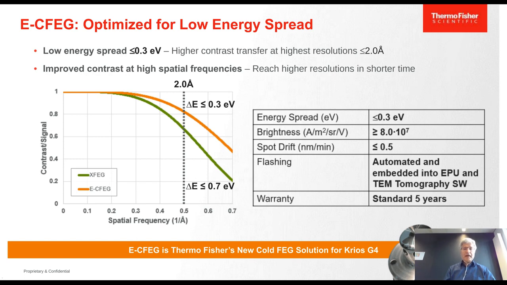And that, of course, translates into higher resolution capabilities, and Abhay and Stephen will talk about that in their presentation parts. And also, because of the better contrast behavior, you can reach higher resolutions in a shorter possible time. With respect to the other specifications, like the brightness, they are similar to the XFAC specifications. So we have a very high brightness, but simultaneously a very low energy spread performance.